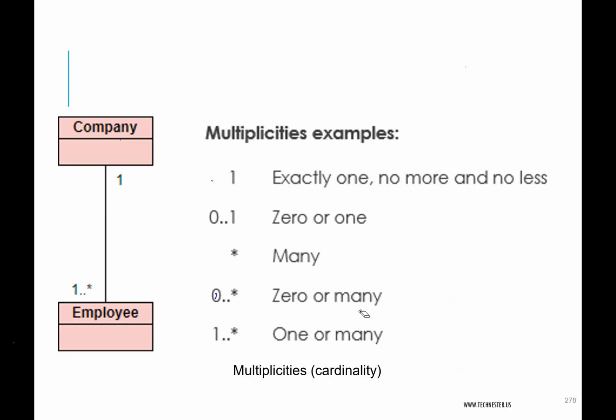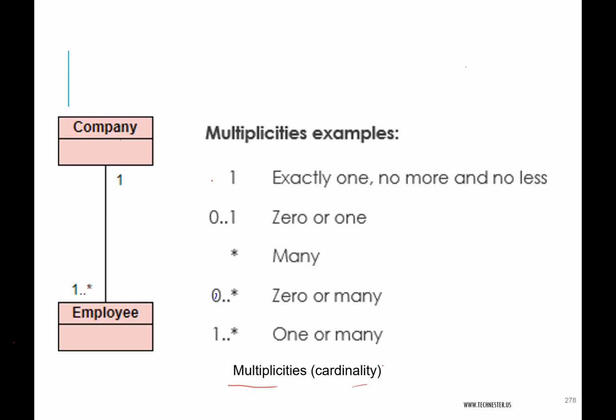Now, because you're using your class diagram to represent the system you are trying to design, and to represent it accurately such that it can be converted to programming languages, it is more detailed. So we have what is called multiplicities or cardinality to help us further explain the relationship between 2 classes.